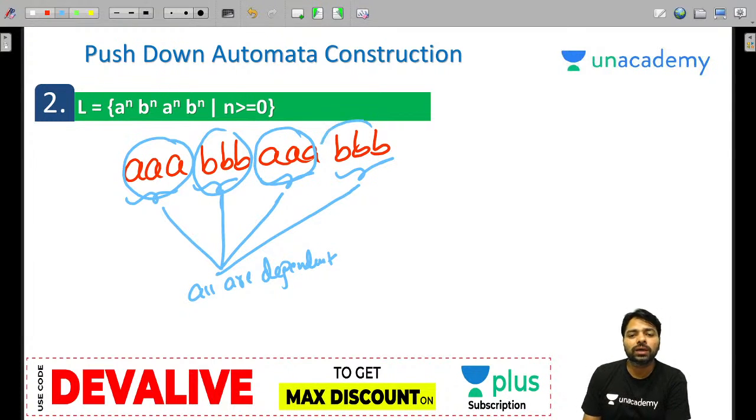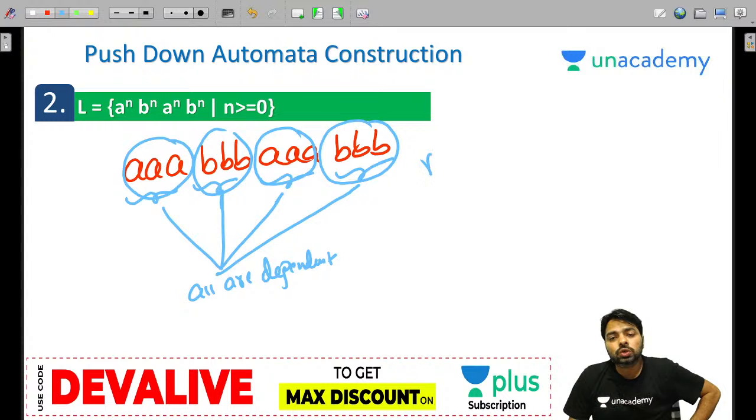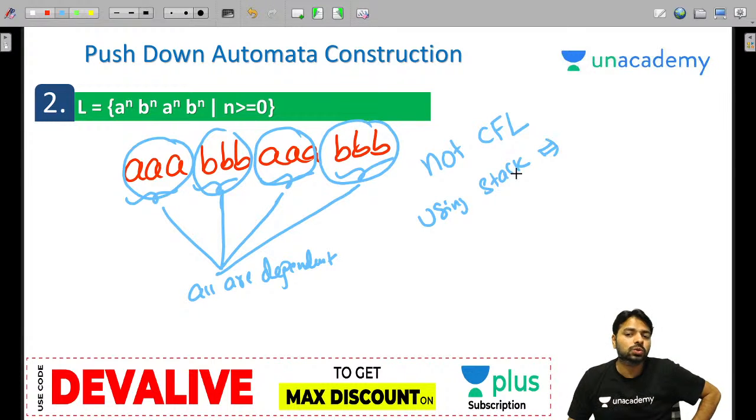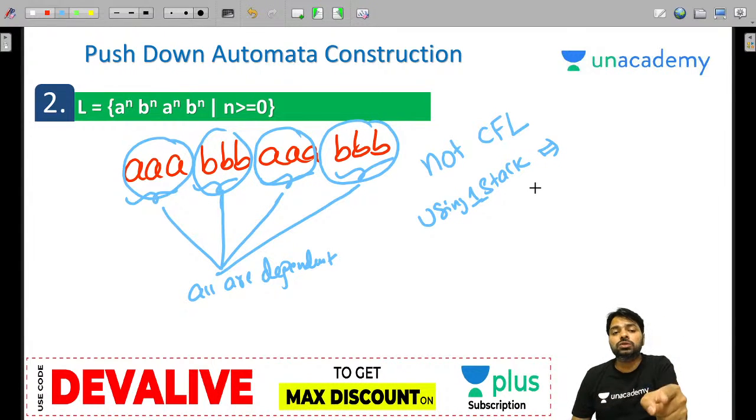If you are only doing the dependency between 2 counts, then others might lose a dependency, guys. And this is also not a CFL. Using stack, there is no logic, deterministic or non-deterministic. Using one stack, remember we don't have 2 stacks here. If you have 2 stacks, you can do this problem.